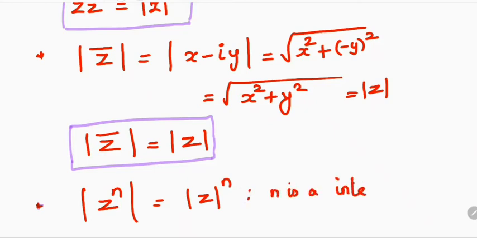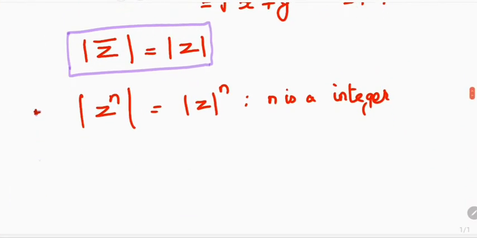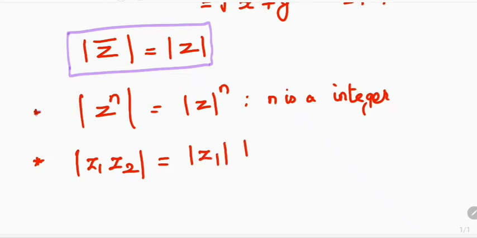Okay, so the next property is modulus of z1 z2, that is the modulus of the product of two complex numbers is equal to modulus of z1 into modulus of z2. What is it?